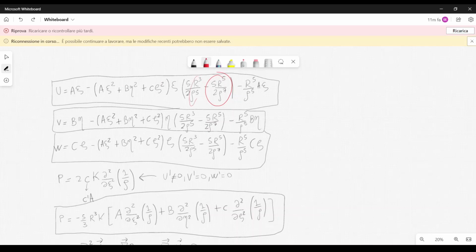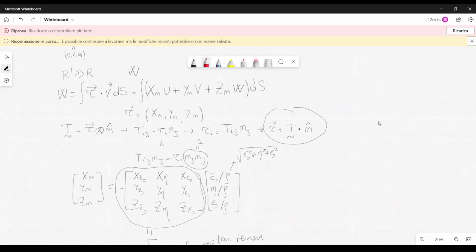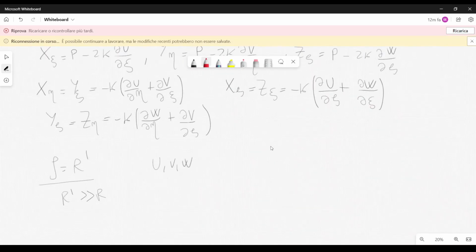And here of course we have a term which is proportional to r over rho to the third power, whereas here we have r over rho to the fifth power. So this can be neglected, and also this one can be neglected, and therefore also this one, this one, this one, and this one. So we can simplify these expressions, and let me rewrite them below just for the sake of convenience.